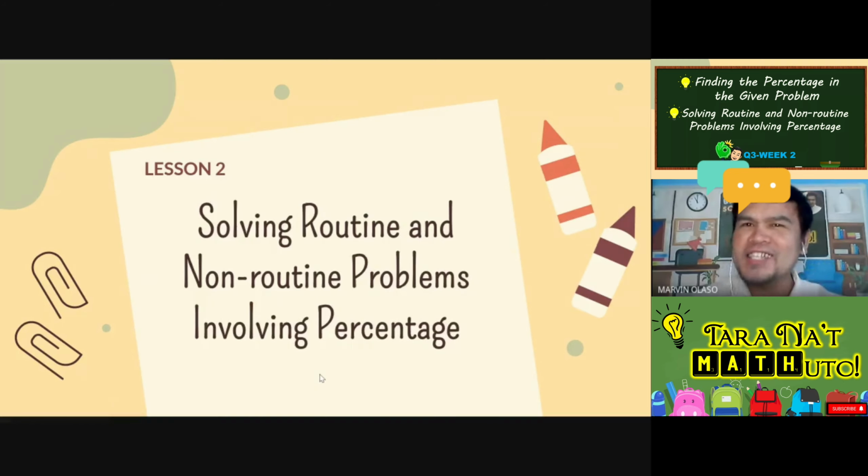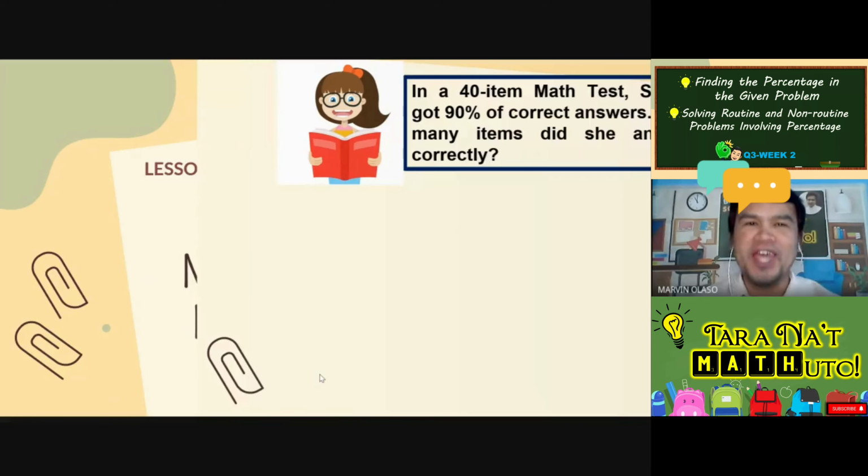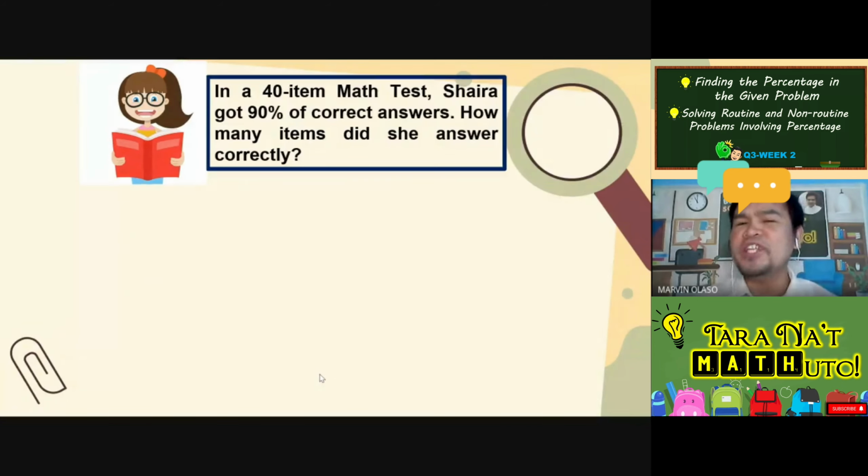So, let's start with our first problem. In a 40-item math test, Shaira got 90% of correct answers. How many items did she answer correctly? So nagkaroon ng exam si Shaira, 1 to 40, 90% noon ay tama siya.